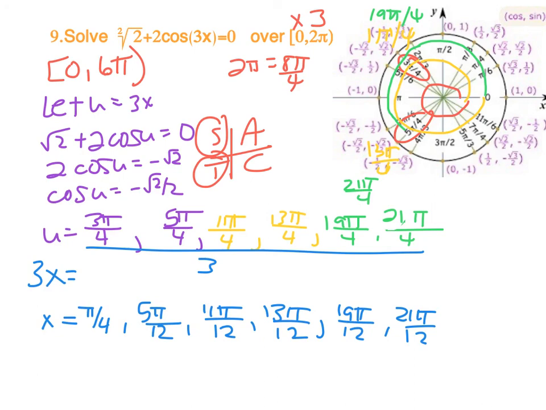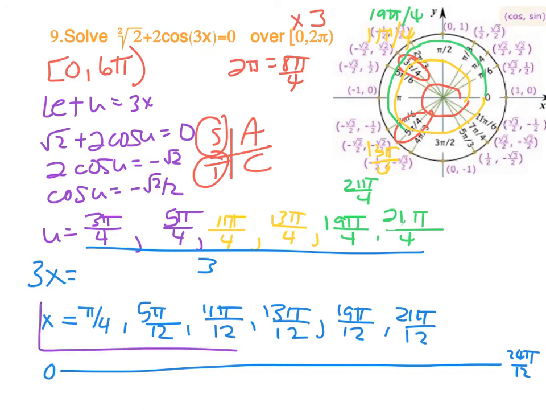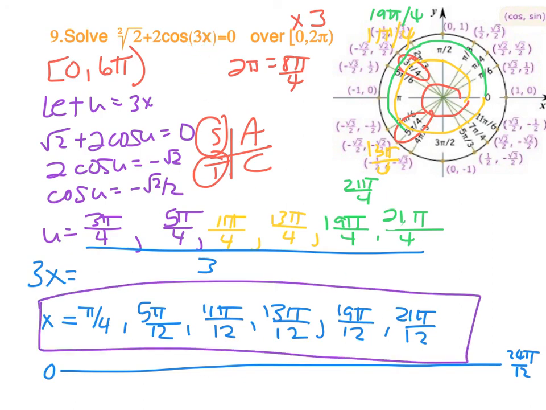And you can think in your head, if this denominator is 12, 0 is down here, 12 would be 24 pi over 12. So this is 0 to 2 pi. So in the end, you ended up with every single answer between 0 and 2 pi that satisfies this equation. So all of these are my answers. The key thing to remember is when you have restrictions, you have to go around this many times.